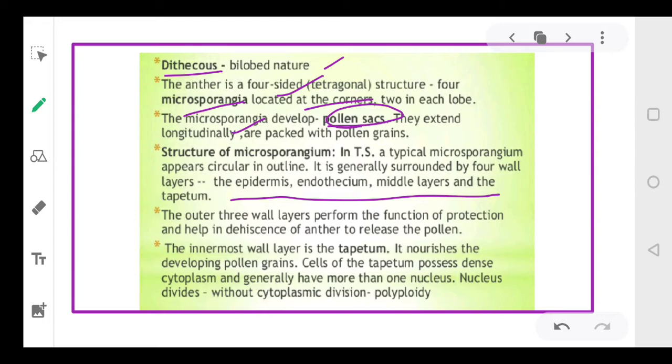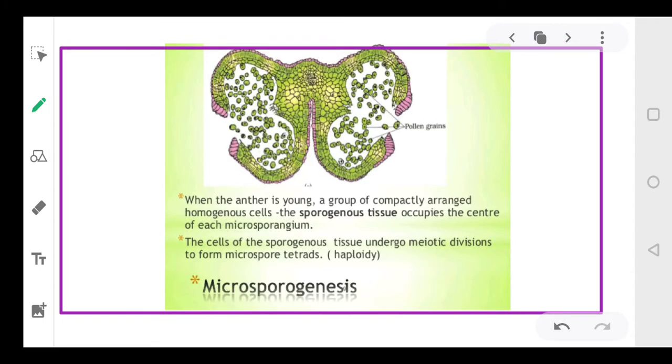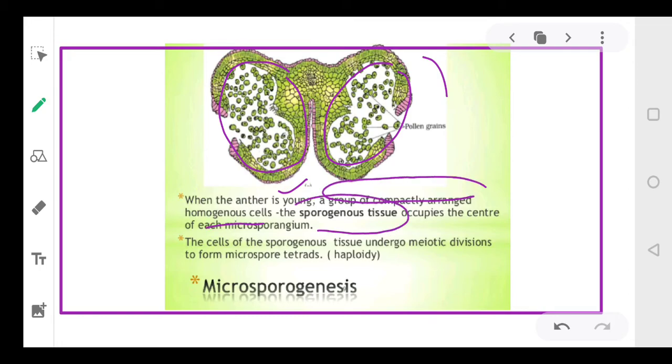This process will be called microsporogenesis, and these microspores will later form pollen grains. Can you see the pollen grains in the diagram? See, so many pollen grains are being formed. When the anther is young, a group of compactly arranged homogeneous tissue is there, which is called sporogenous tissue.